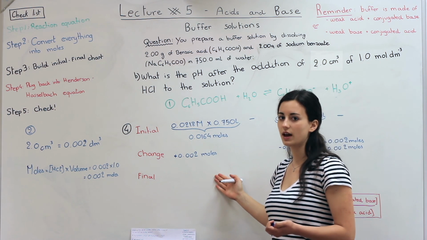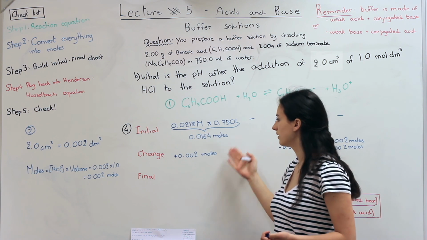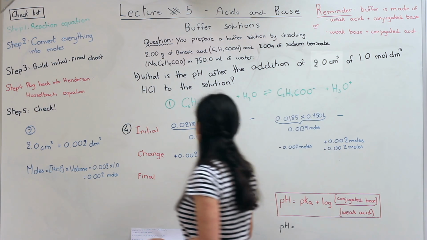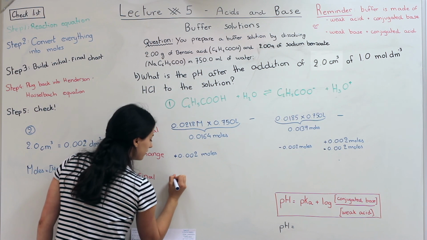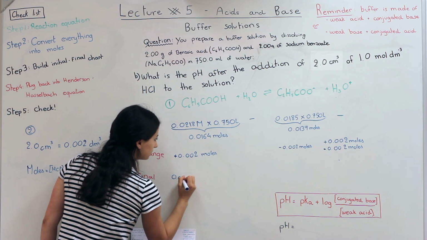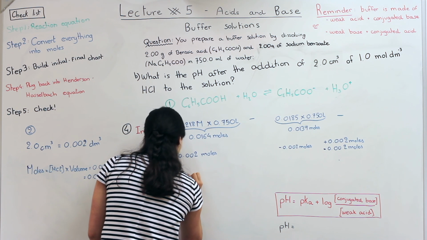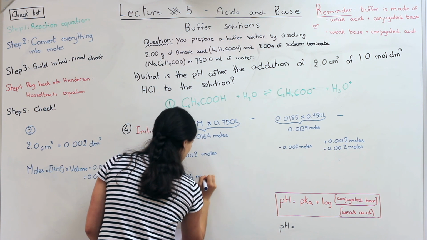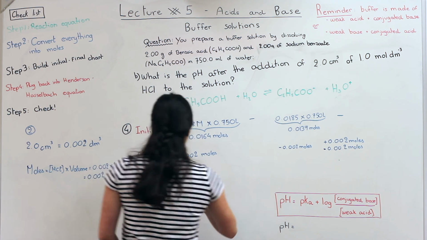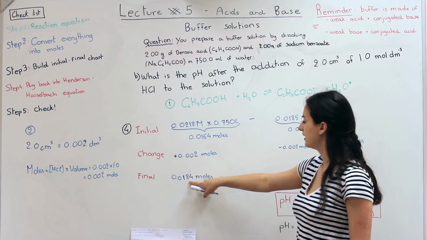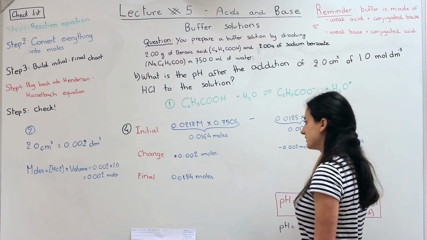So now we can just subtract here and add those two here, and we'll have 0.0184 moles for this example.